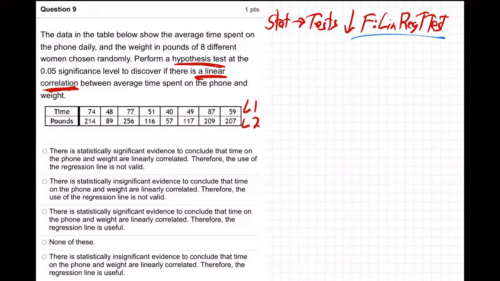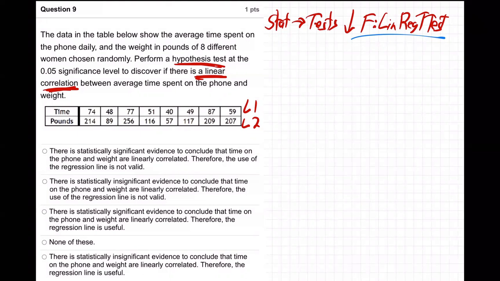I first put the numbers in L1 and L2. Okay, and then I'll go to stat, test, linear regression t-test, which is F.